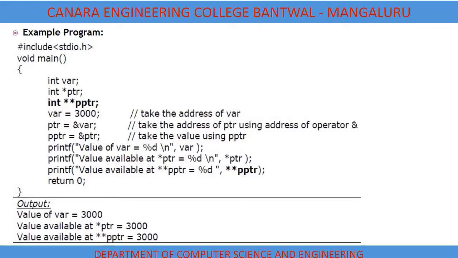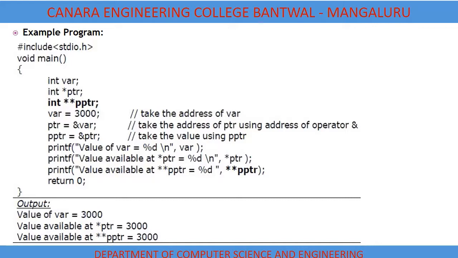So now one pointer is holding the address of another pointer. First we print the content of variable, then the content of star ptr, and then the content of double star pptr. You can see the output.